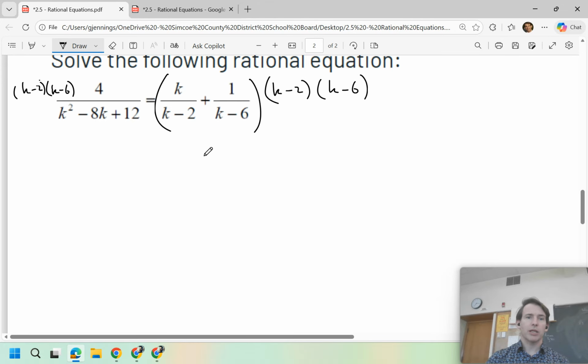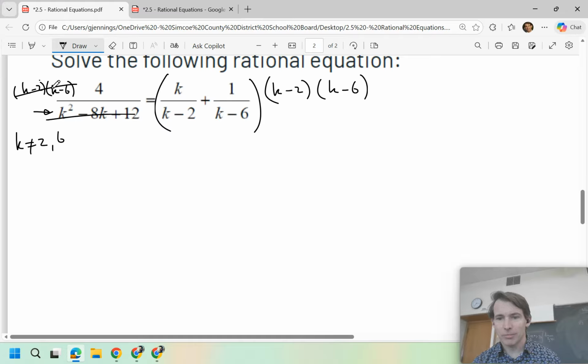What that's going to mean is, here it just cancels, but of course k cannot be equal to 2 or 6 because that would create a 0 in the denominator. We can't multiply both sides of an equation by 0 and be doing anything sensible. So, I'm looking for exceptions, but I can't think of any off the top of my head.